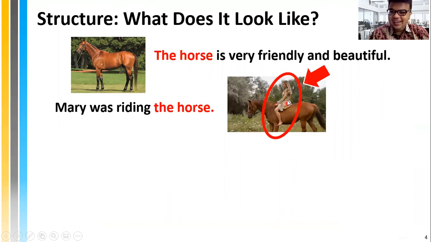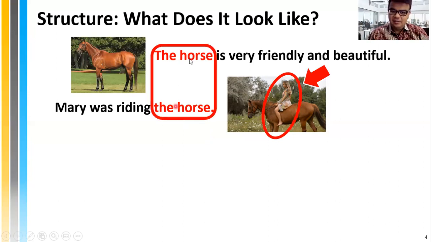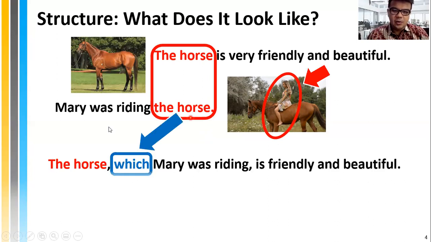Why are we repeating ourselves? Why are we making two sentences here? It's too long. Can we make it shorter? Yes, of course. Let's combine this. What is important here? The horse is important, because it's repeated twice.